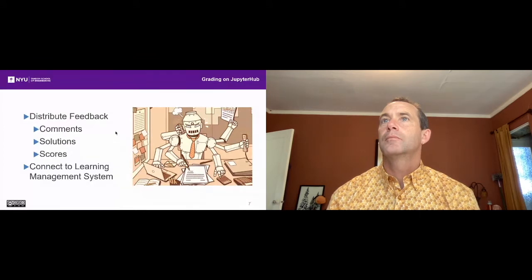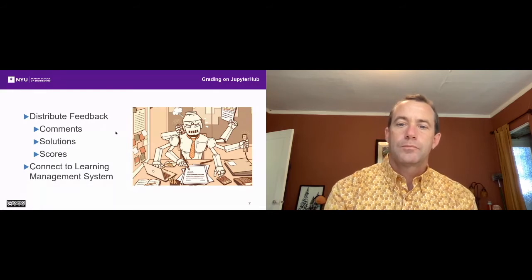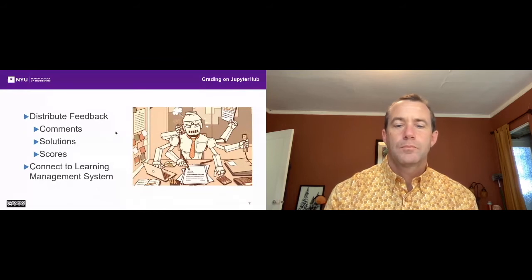But for the time being, I'll just point out that the next step in the process is to collect the student submission, perform the automated grading and manual grading, and then distribute the feedback along with scores to students on learning management systems like Gradescope. And from there, the students can check their scores or raise a regrade request.